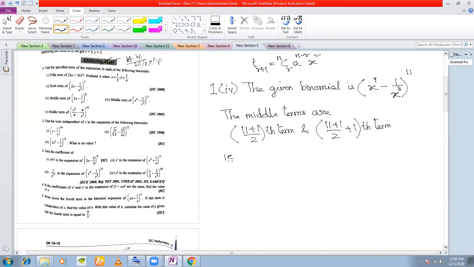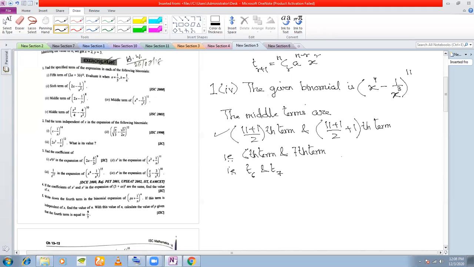That is, this is your 6th term and 7th term. That is T6 and T7. So you have two middle terms, the 6th term and the 7th term. And how did I get this?